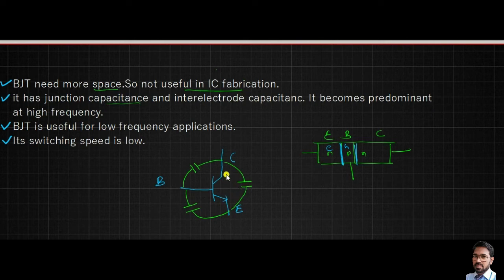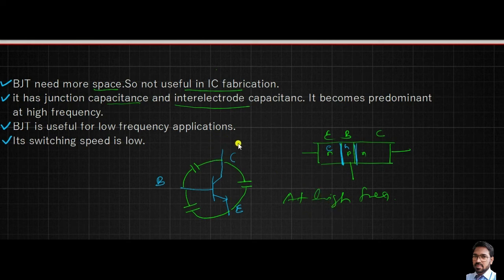These capacitances are called interelectrode capacitances. Electrodes means terminals. Because of this interelectrode capacitance, at high frequency they get shorted, because at high frequency the capacitor allows the signal through; it bypasses the frequency.